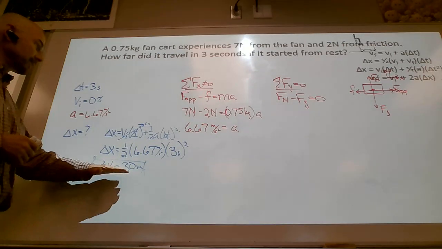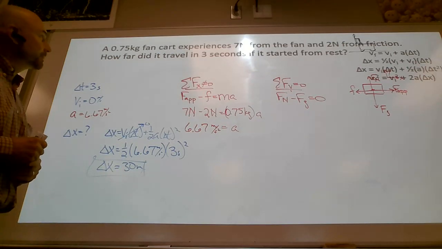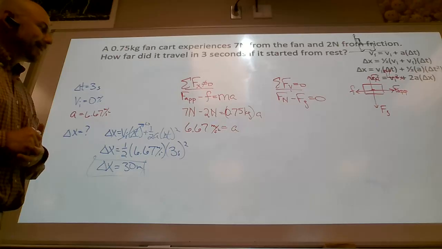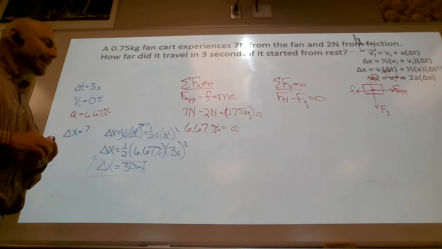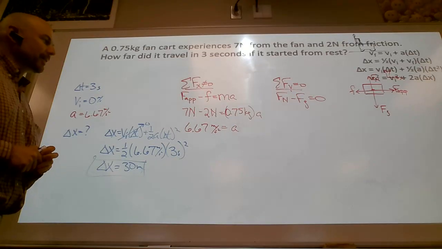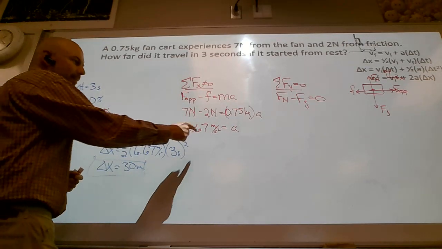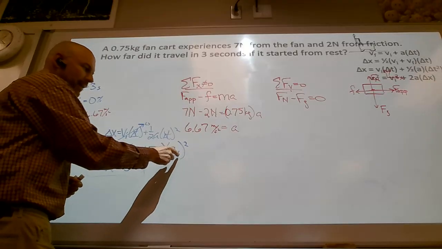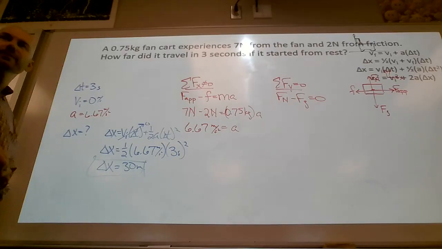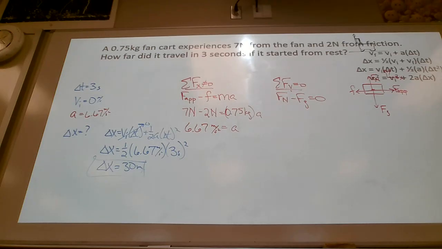I'm looking for distance, and like all of these, I can give you the easy answer: it's going to be in meters because it's distance. The official answer is I've got meters per second squared here, and that's going to cancel out with squared seconds here, and we're left with meters. Okay. All right. One more example problem.